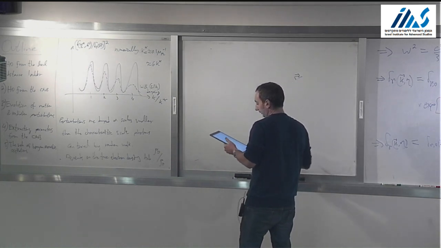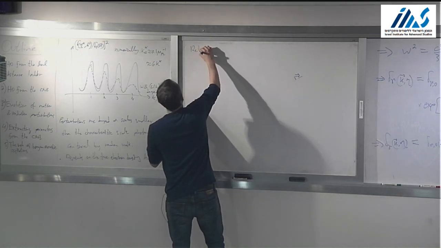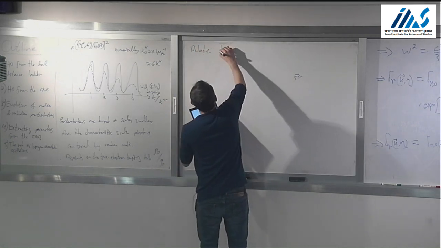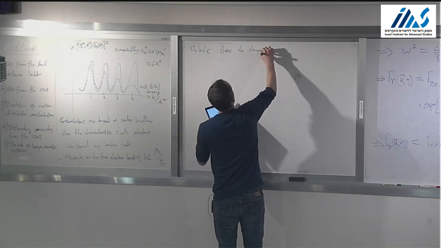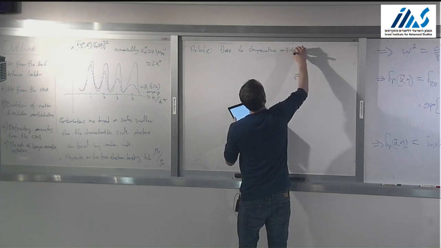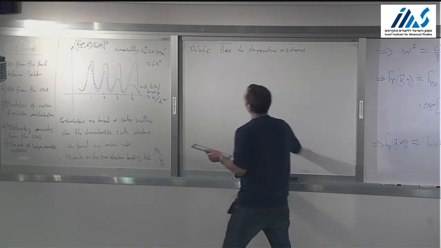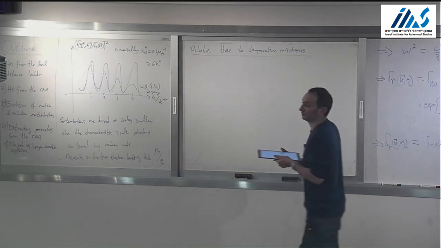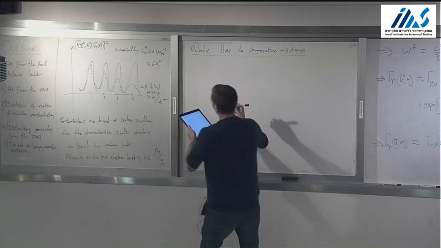I have just a few minutes, so let me just talk about how to relate these to temperature anisotropies. So we found the solution at the last scattering surface, and now I want to relate these to the temperature anisotropies that we actually measure.